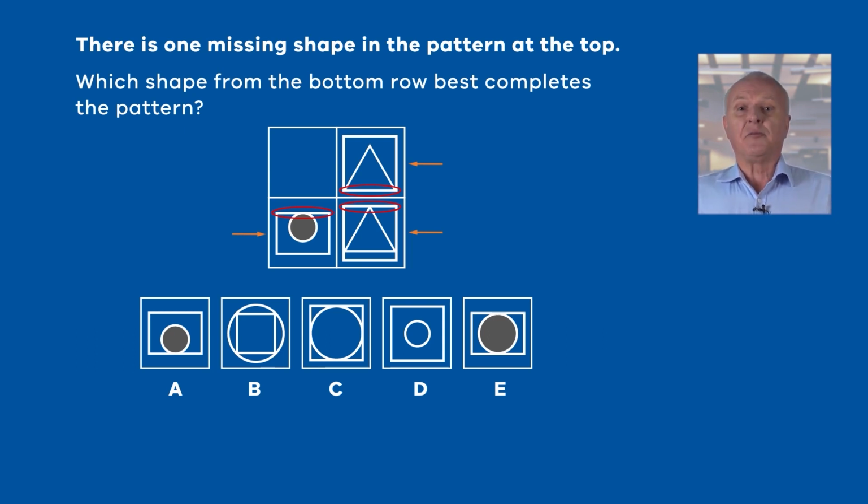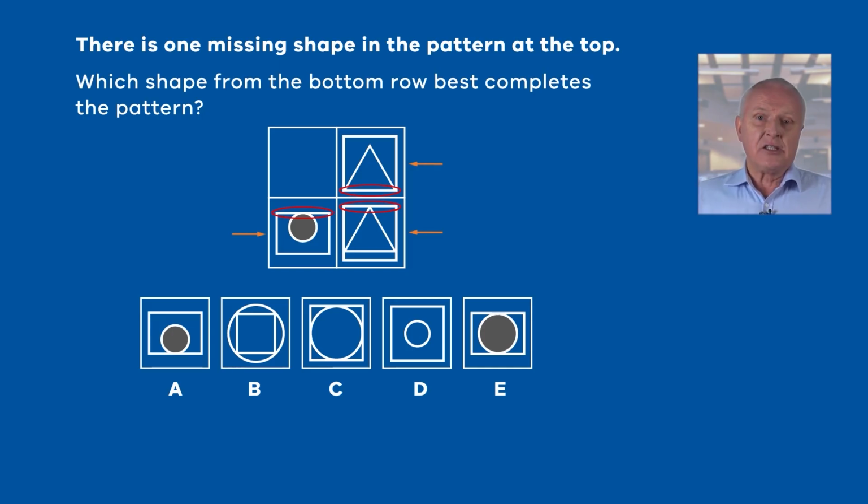Using what we have observed, we can reason that the missing square will have a grey circle inside a rectangle, and the position will copy the triangle at the top right. That is, the bottom will be touching the rectangle.